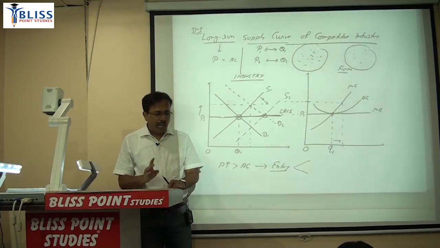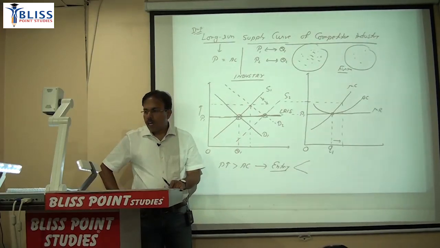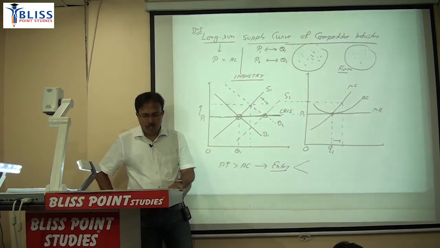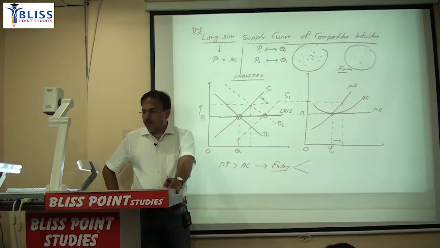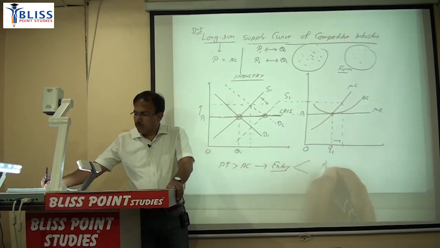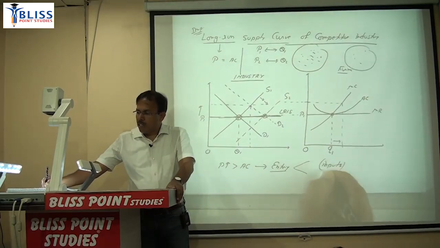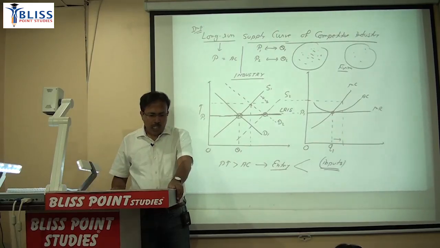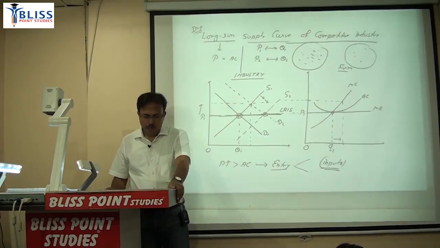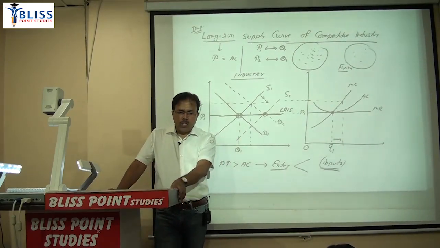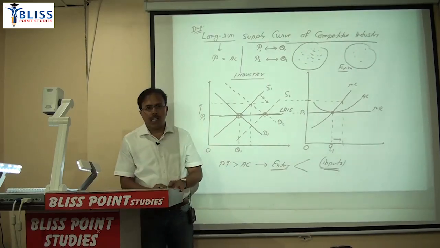Next paragraph. An industry is a constant cost industry if price of factors of production, in short, inputs, remains constant as industry expands.